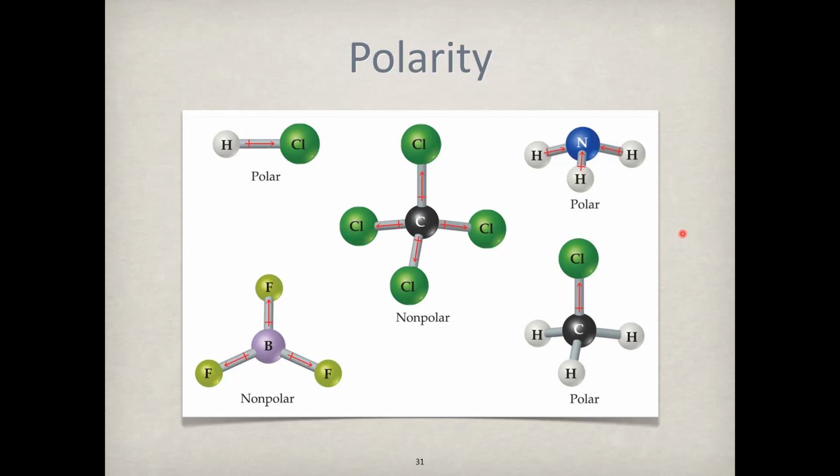But for the most part, if you do have lone pairs on that central atom, or if you've got different atoms on the outside, typically that's a good indicator that it's going to be polar. But there is the case with the square planar, where we've got 4 bonded atoms, 2 lone pairs on the central one, where it could still wind up being nonpolar.